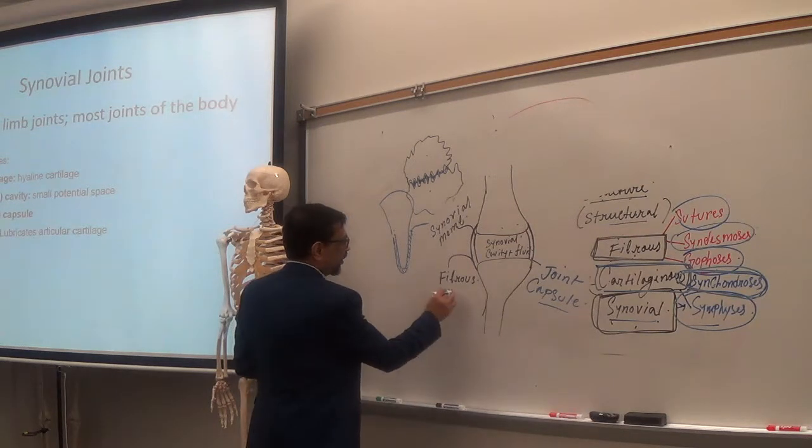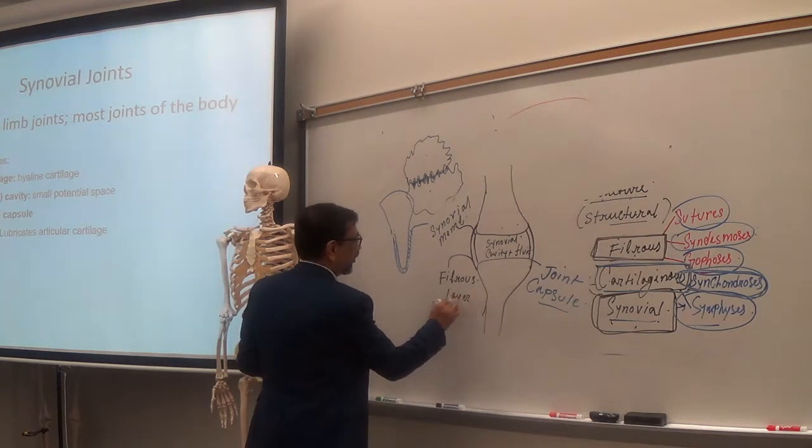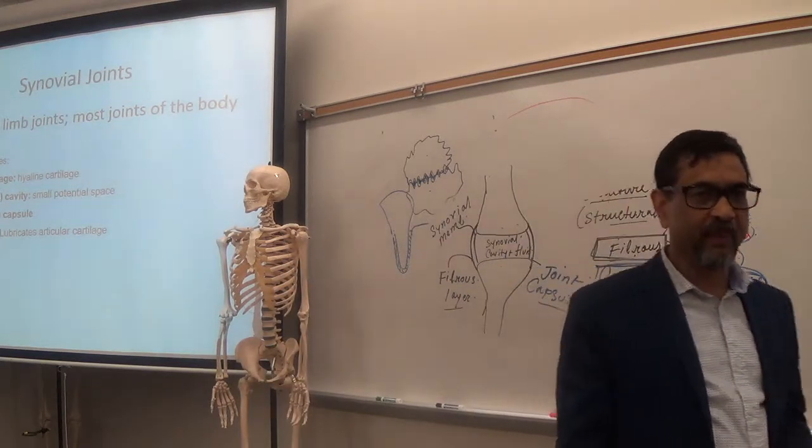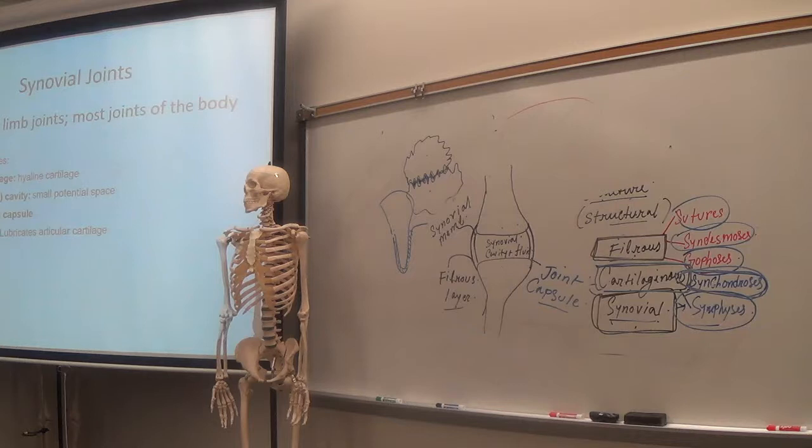So outer fibrous layer and inner synovial membrane. Those are two layers of what? Capsule, right? Capsule has how many layers? Two. Outer one is called fibrous and inner is synovial membrane.